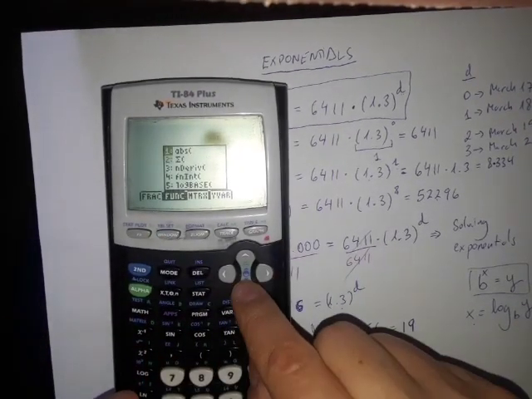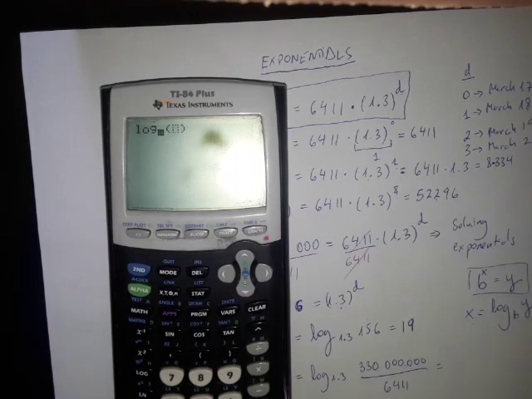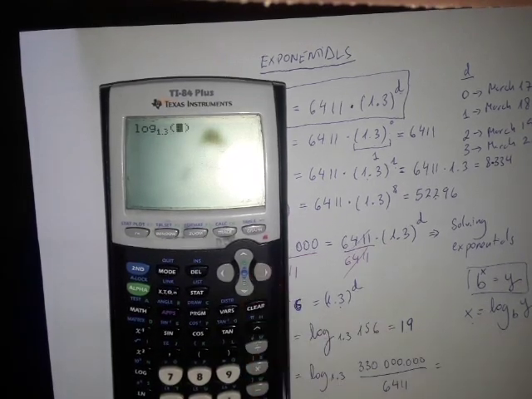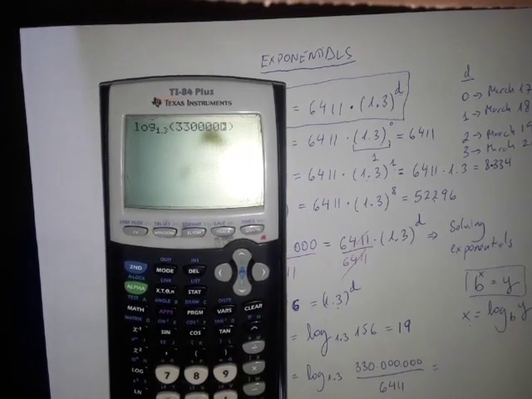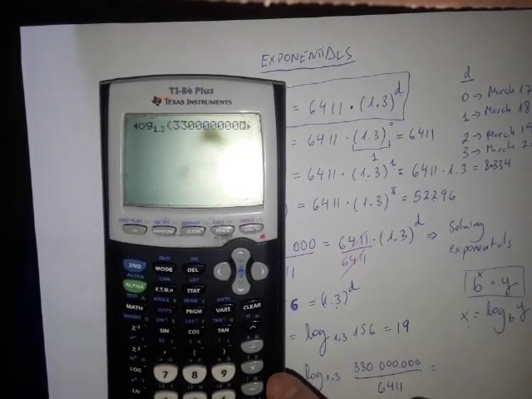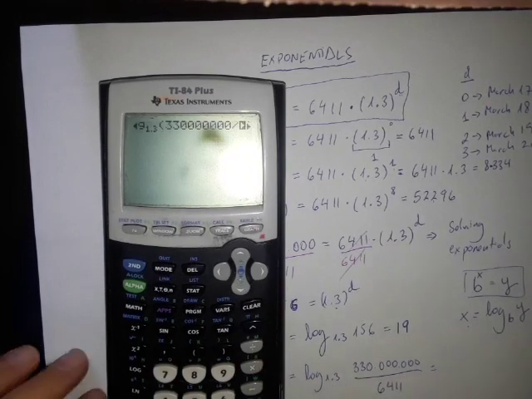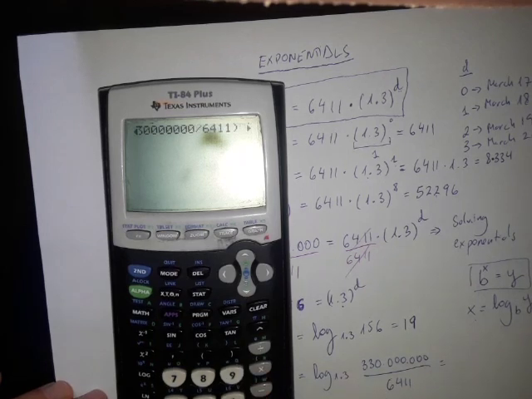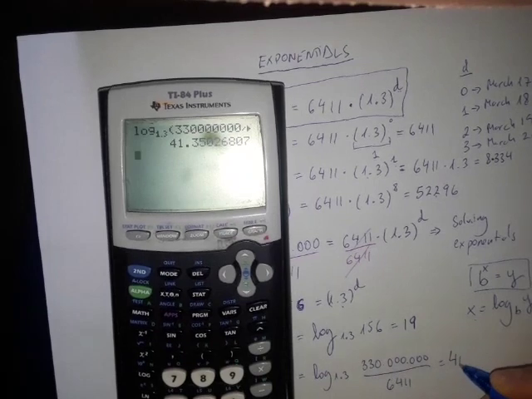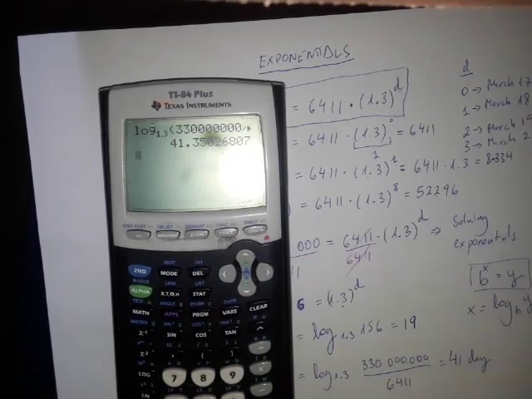Log base 1.3 of 330 million over 6,411. So it would take 41 days. 41 days to get everybody. So that's actually a month and 11 days, right?